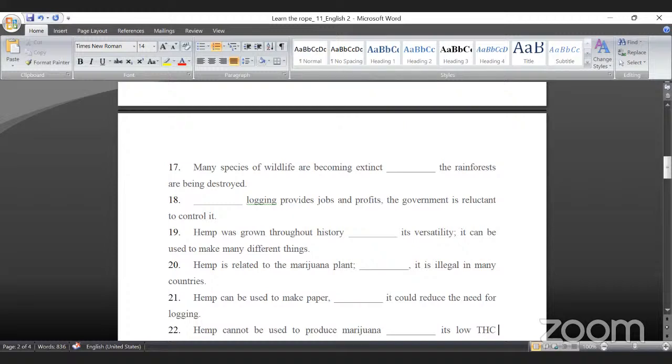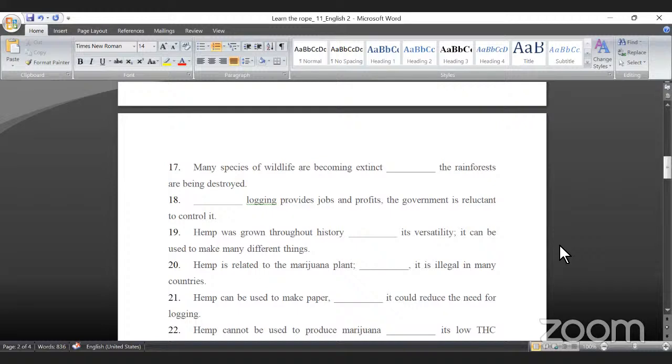Then next one, dash logging provides jobs and profits. The government is reluctant to control it. So is the second part of the sentence in continuation with the first, or is it in contrast with the other? Is it adding or is it contrasting? Contrasting. Logging provides jobs and profits.